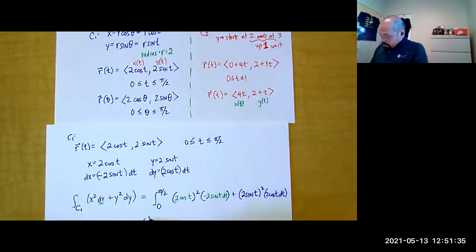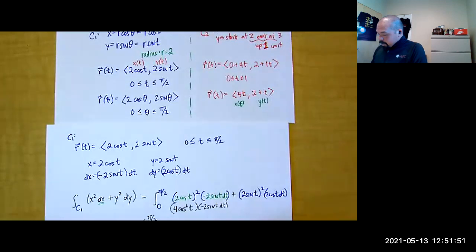Dropping some of these parentheses, combining where we can, right? This is going to be 4 cosine squared t times that negative 2 sine t dt, right?